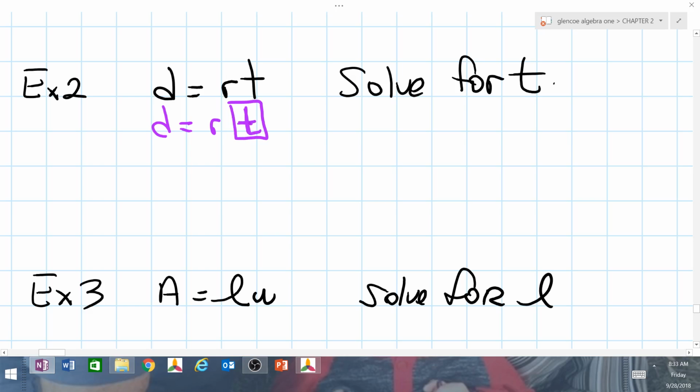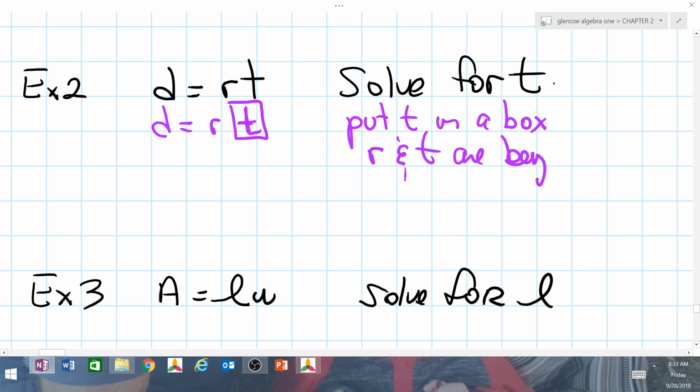So we're solving for t, which means this. Look at what's happening between r and t. They're touching. So that means that they're being multiplied. How do you undo multiplication, class?